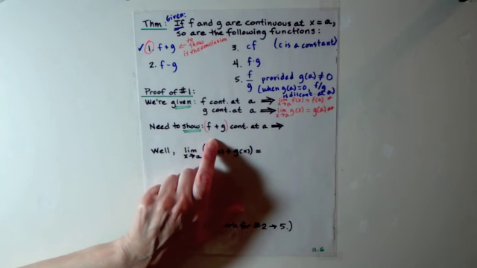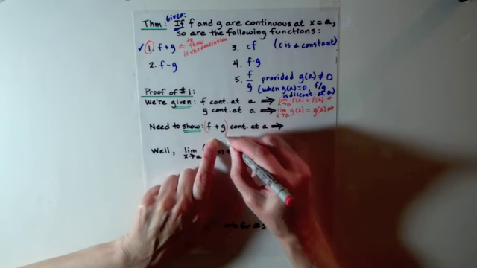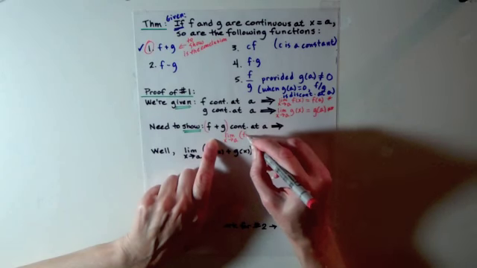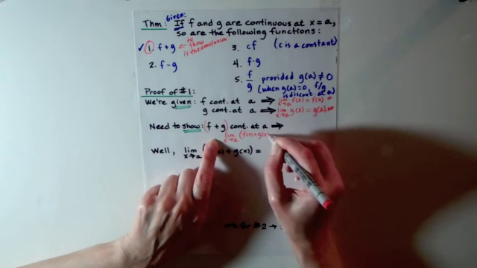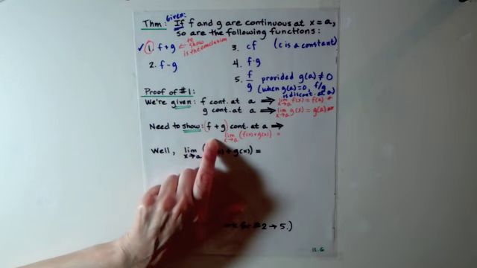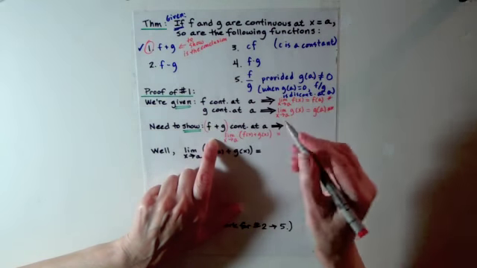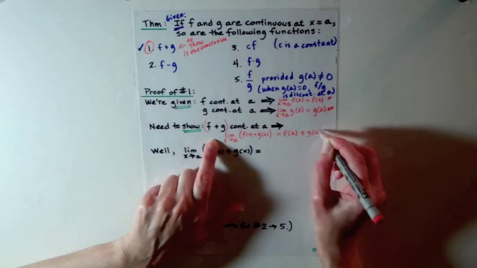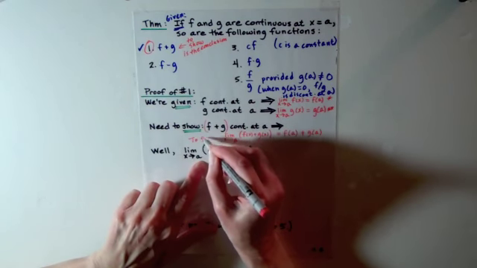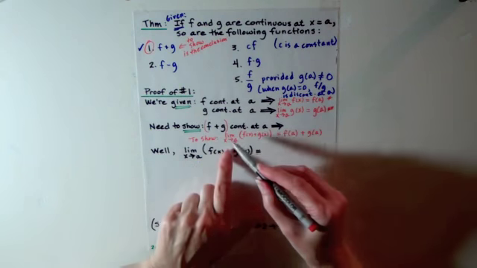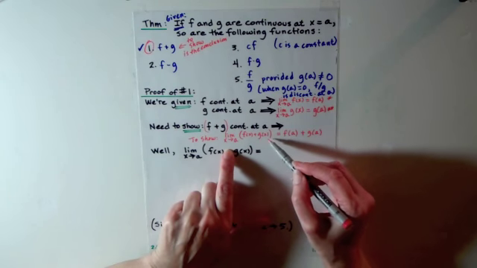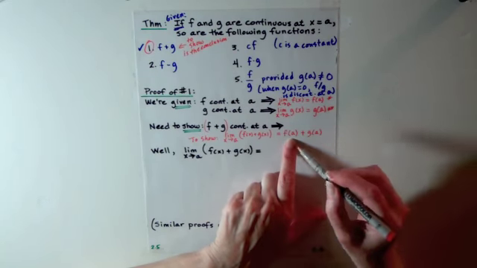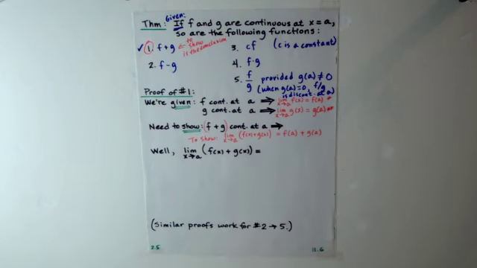So f plus g is continuous at A as long as the limit as x approaches A of f of x plus g of x is exactly the same as what I get when I plug A into my sum function, namely f of A plus g of A. So that's what we must show.